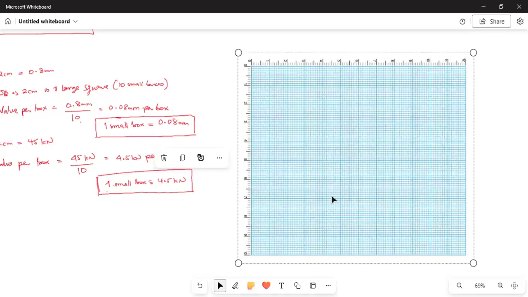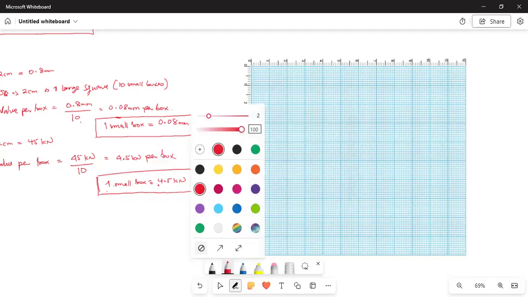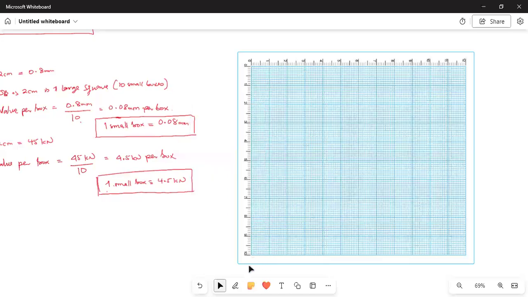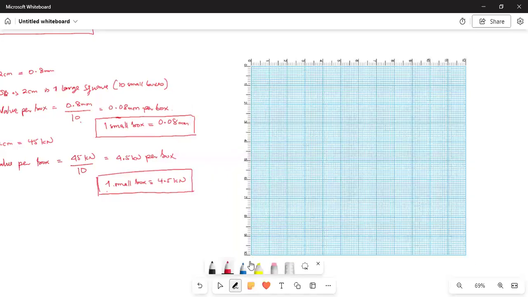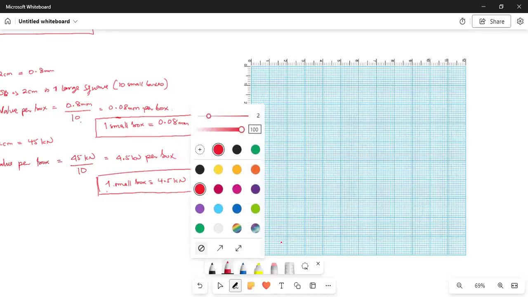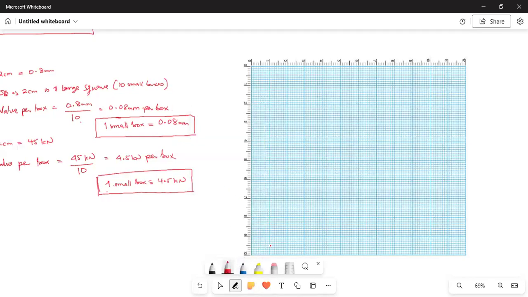So first of all, the scale we choose is that for the load axis, you can have it this way. You see, when you are plotting a graph, you have to use a lot of discretion to do many things.